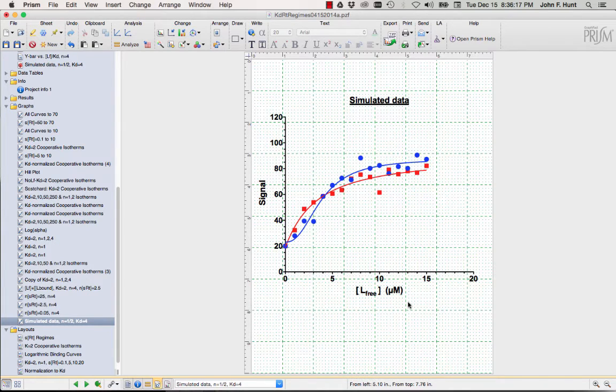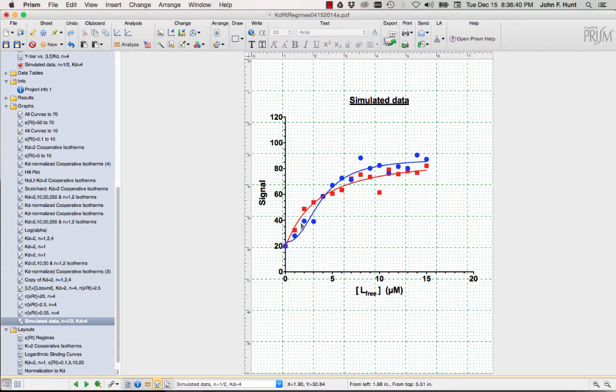Although the data, the red and the blue curves, naively looked to be rather similar, now when the nonlinear curve fitting is done, there's a hint that these things are actually significantly different. The red curve looks rather hyperbolic. The blue curve looks rather sigmoidal. These binding curves seem to saturate rather quickly. There was a hint of maybe cooperativity.